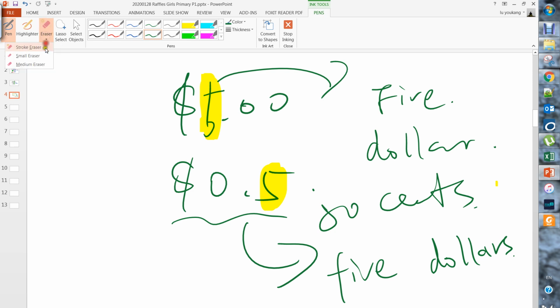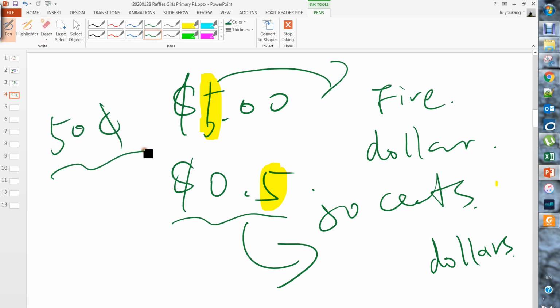So what do you call it then? If it's not $5, then you call it what? By the way, this number is not called 50 cents. You call this 50 cents. This one is the equivalent, okay?